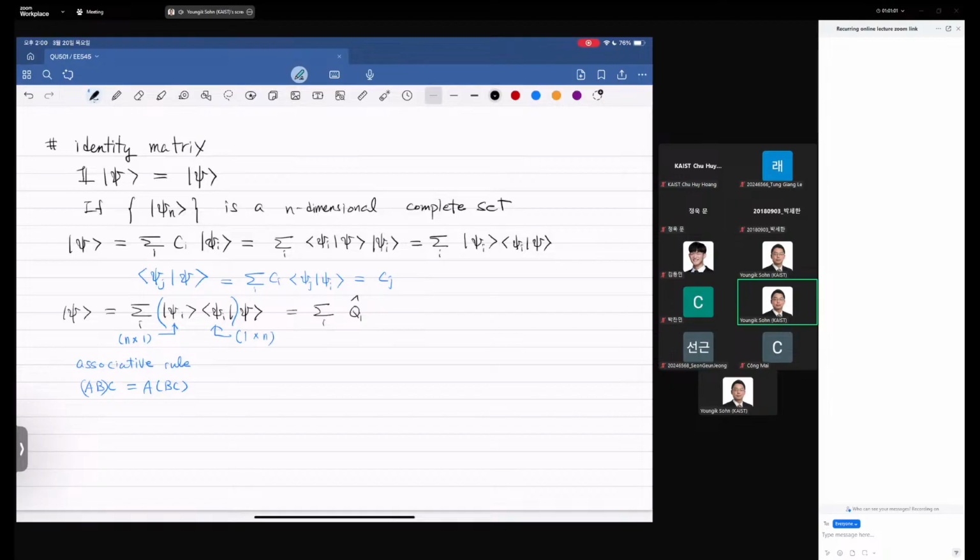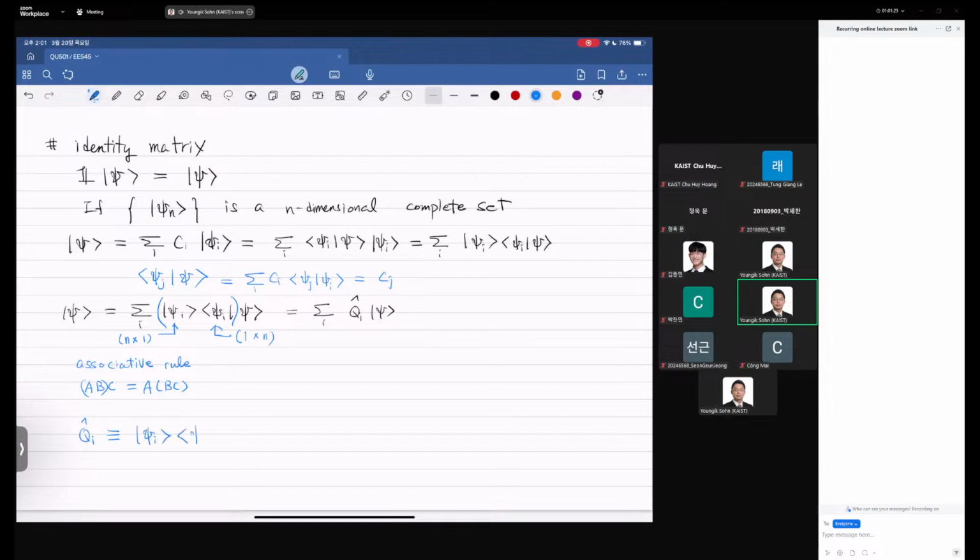Q_i is a square matrix, which is an operator. And Q_i is defined as this, okay?